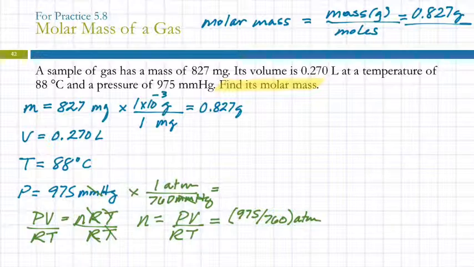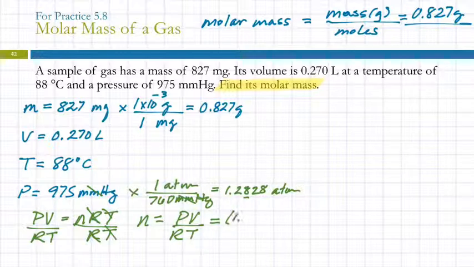And you can kind of do the math within the problem. But I'm not going to do it that way. We're going to actually just do the calculation and write it down. 975 divided by 760, 1.2828 atmospheres.